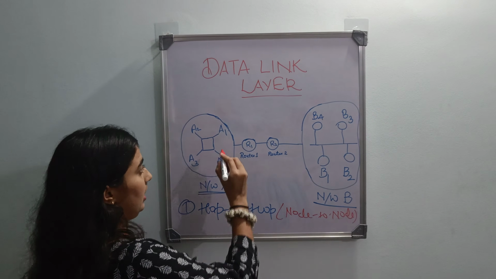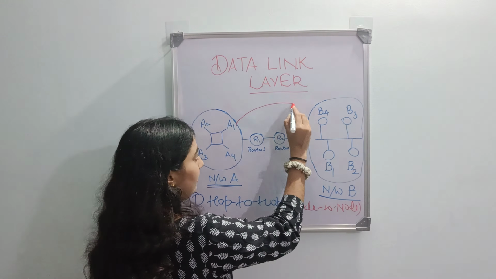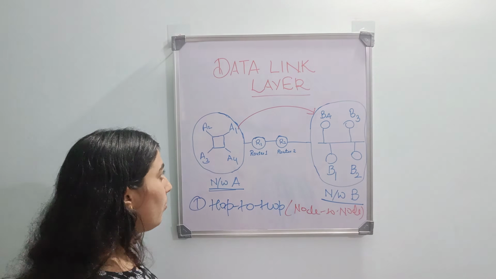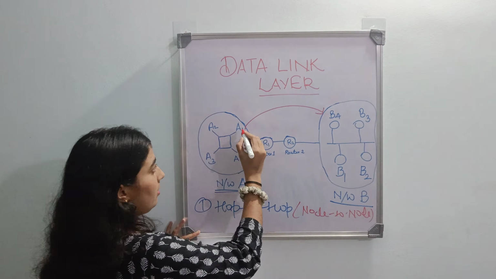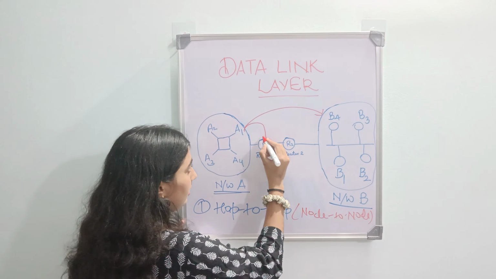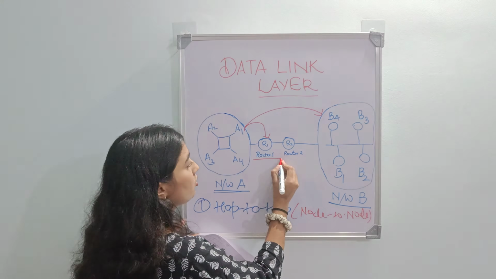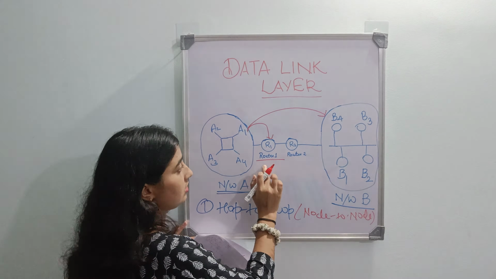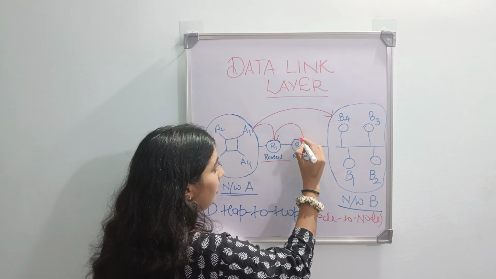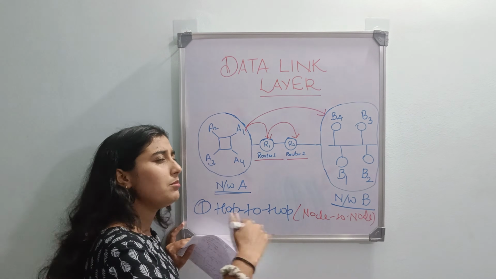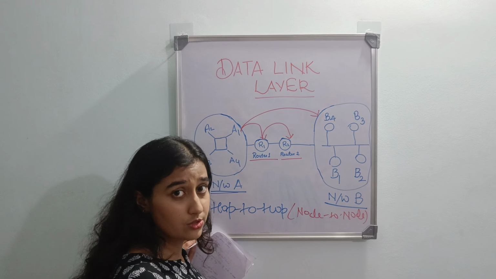So here, instead of sending data from A1 to B4 directly, first it will send the data to R1, that is the first router, and this router sends the data to the second router. There may be some other routers also.